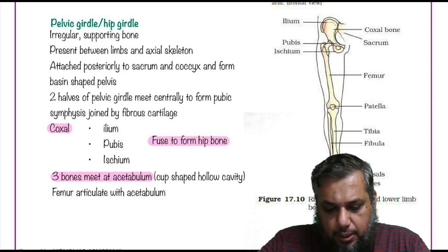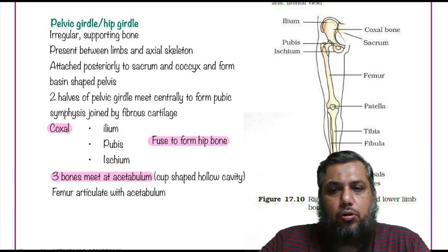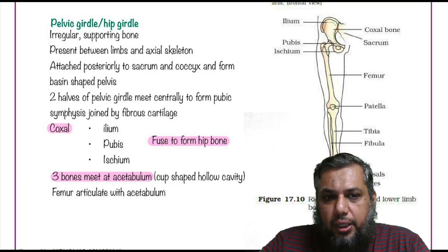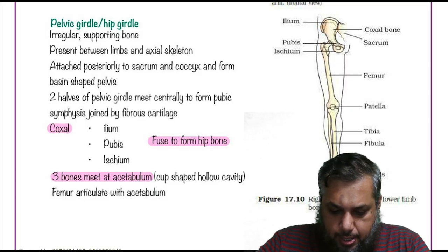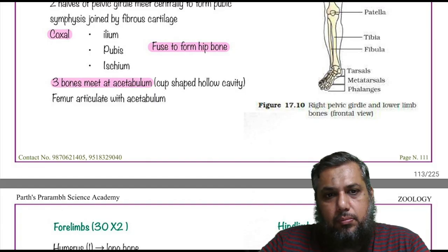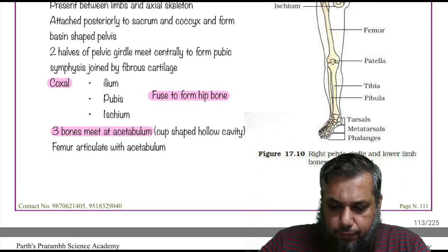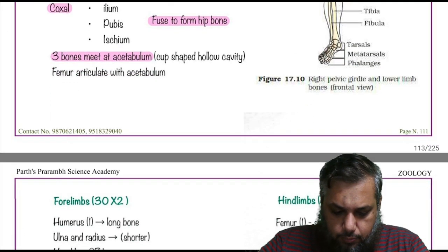The fusion of the ilium, ischium, and the pubis results in the formation of a cup-shaped hollow cavity, and this forms the acetabulum, and the head of the femur articulates with the acetabulum to form the hip joint.